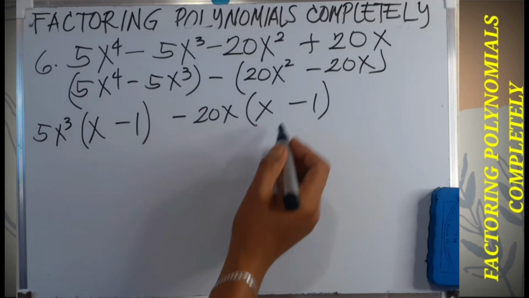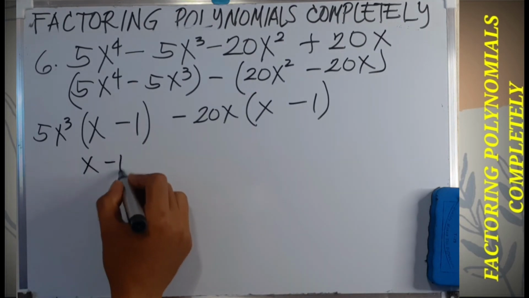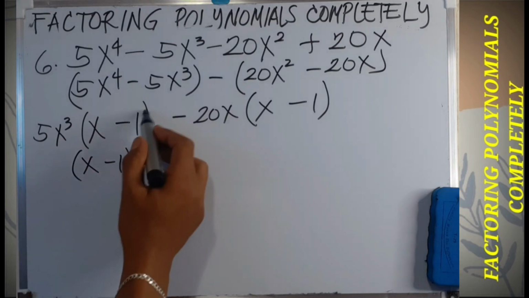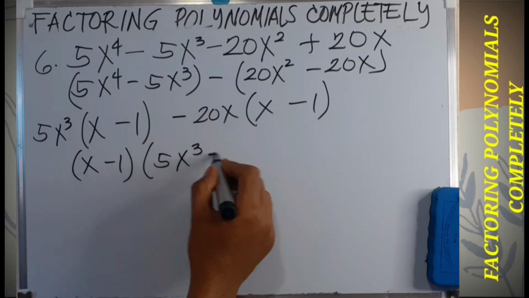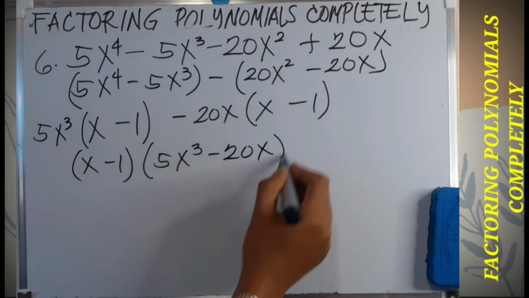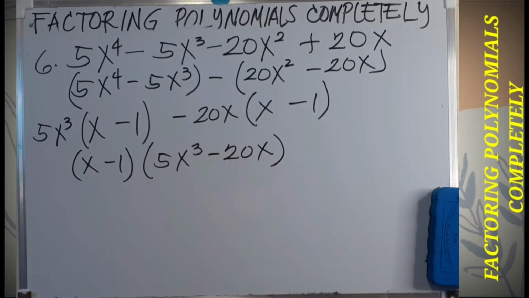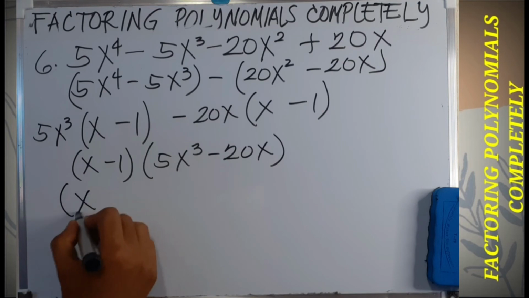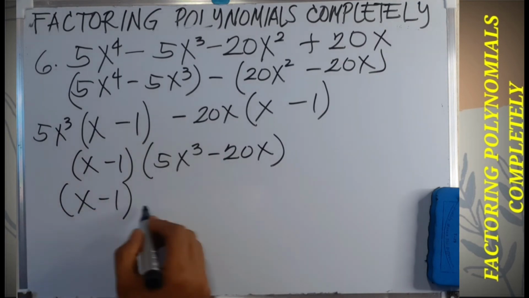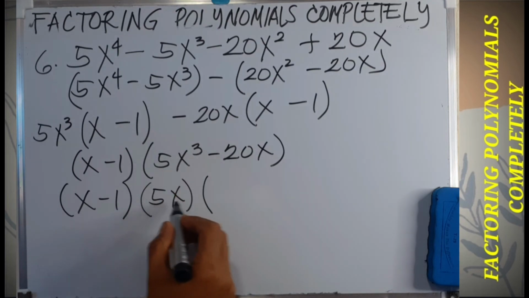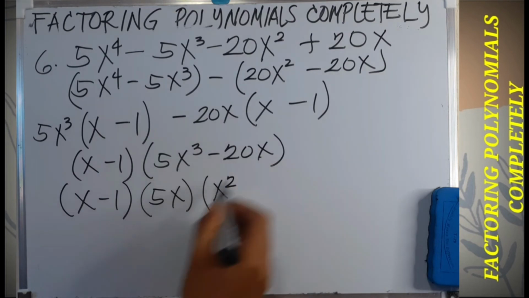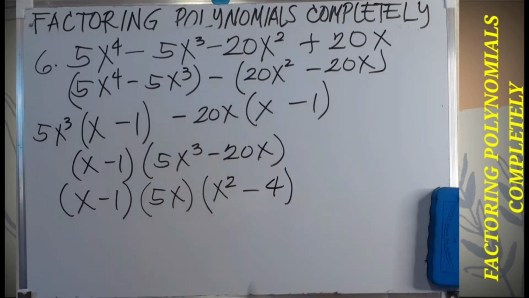Again, we notice that x minus 1 is common, so x minus 1 represents the first factor. If we remove x minus 1 here, remain is 5x cubed minus 20x. Again, let us analyze. X minus 1 is not factorable, but 5x cubed and 20x are still factorable. They have common. So just copy x minus 1. Common between them is 5x. 5x cubed divided by 5x is x squared. 20x divided by 5x is minus 4.